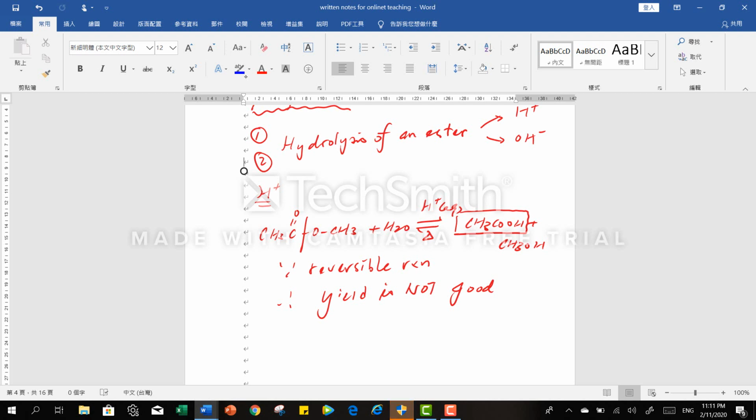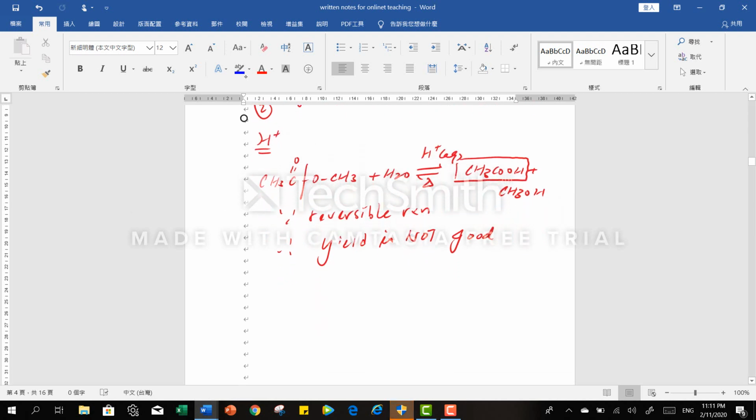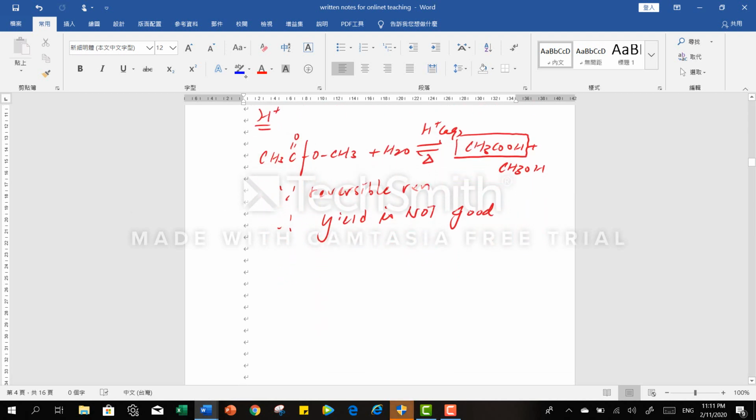And of course, you cannot 100% turn your ester into carboxylic acid, and this results in a poor yield, right? So that's why if you really want to use hydrolysis to produce carboxylic acid, most of the time we prefer alkaline medium. But as you know, if you do it in alkaline medium, you will get the carboxylate ion instead of carboxylic acid.